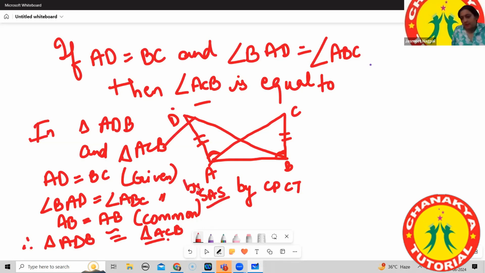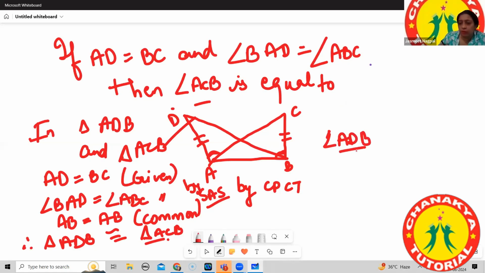What is the meaning of CPCT? Ma'am, congruent parts of congruent triangles. Okay, then you will write ACB is equal to ADB. So these steps are very important.